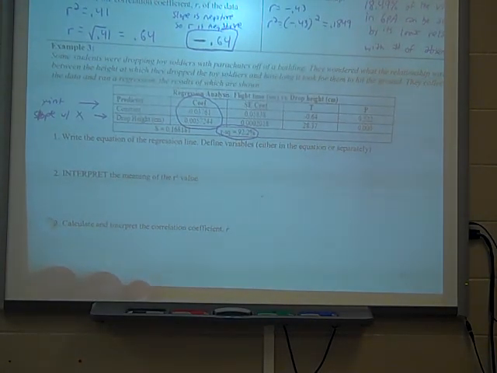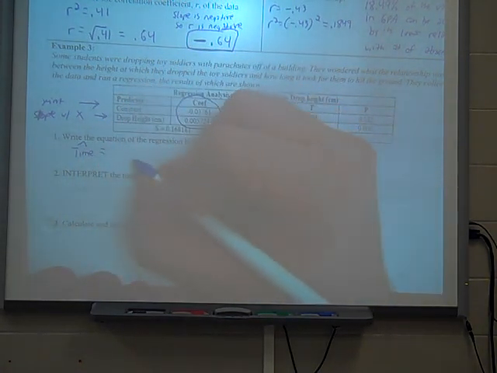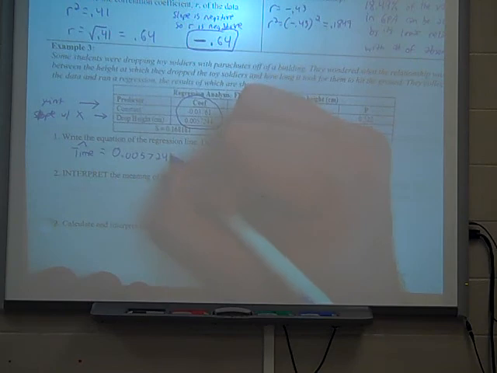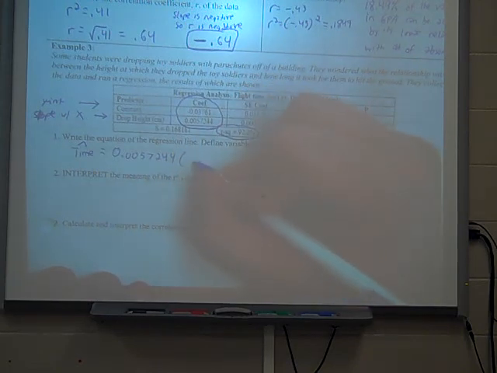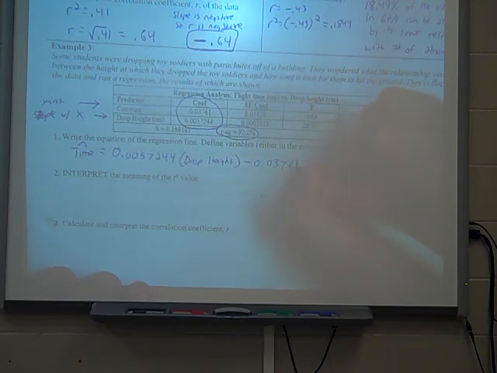So y is not drop height, x is, and so y is the time. y hat equals 0.0057244 drop height minus 0.03761.